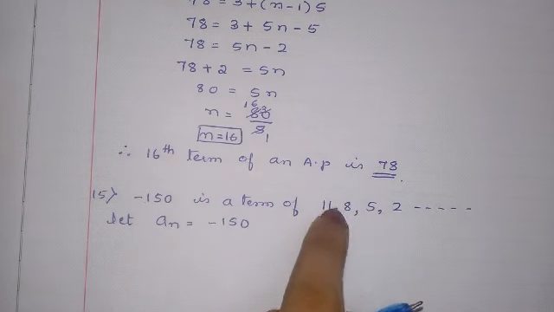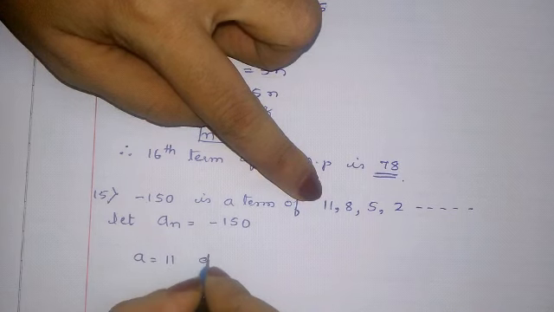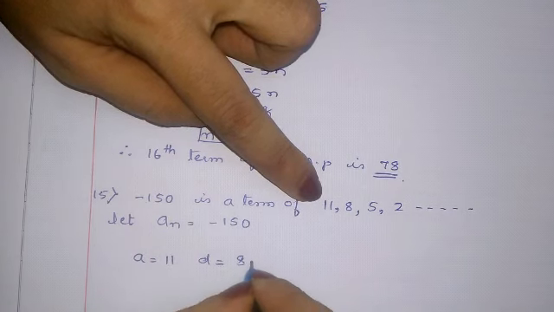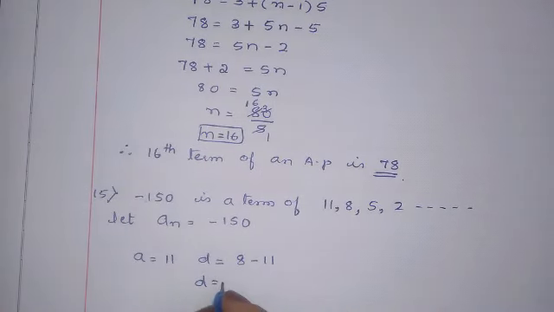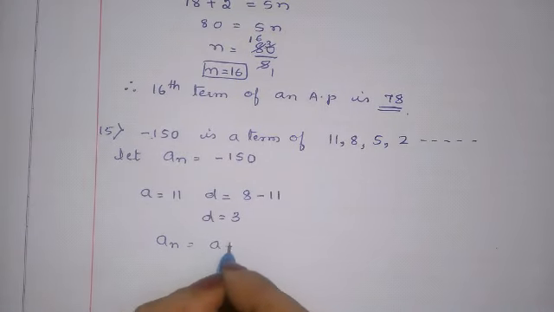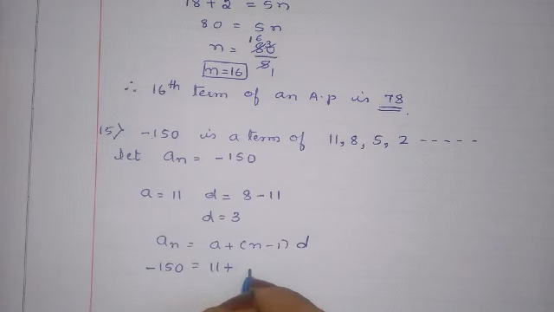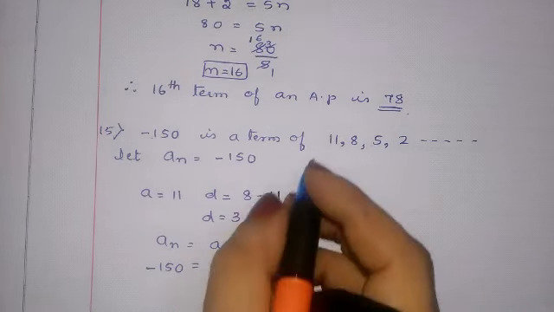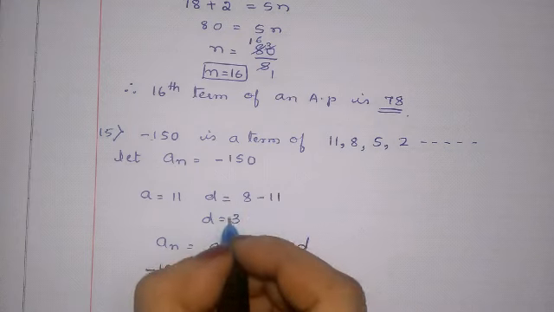In the AP, a is always the first term, so a is 11, and d is the second term minus the first term, 8 minus 11, so d is minus 3. Now an is equal to a plus n minus 1 d. We assumed an is minus 150, a is 11, and d is minus 3.